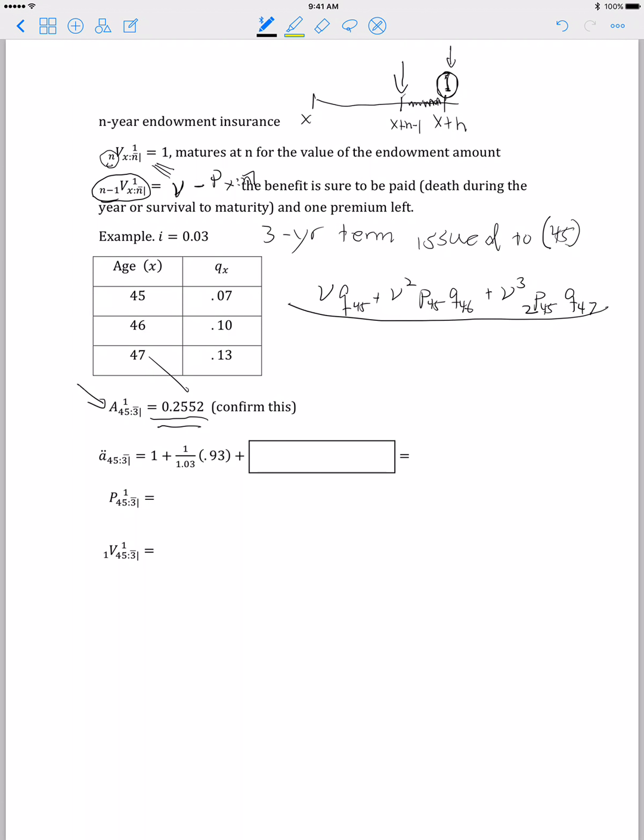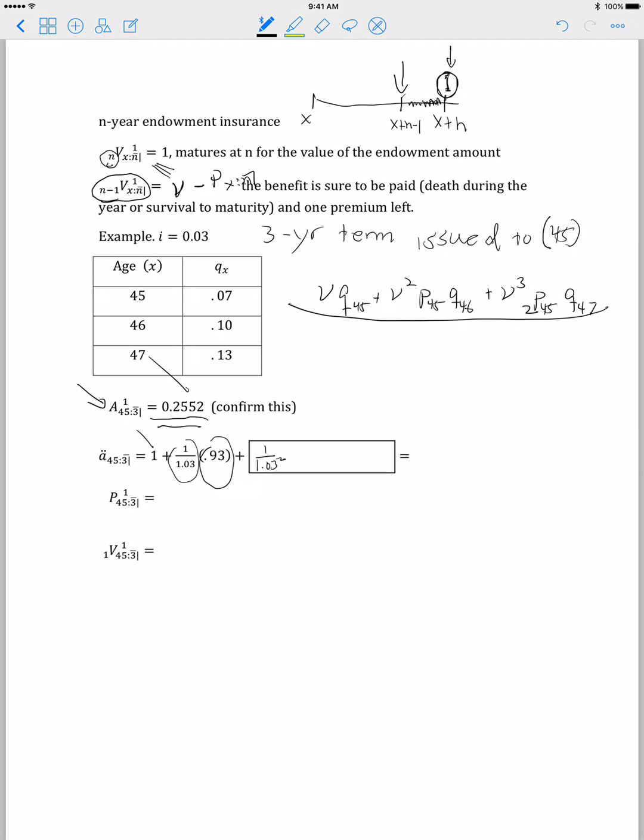Now, the temporary life annuity due of 3 years issued to age 45. Let's remind you what that is. So it's a life annuity due. There's my $1 at time 0. This is my v p45, 0.93, 1 minus 0.07, plus what? v squared, 1 over 1.03 squared.